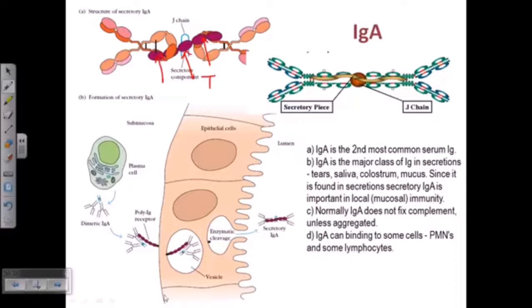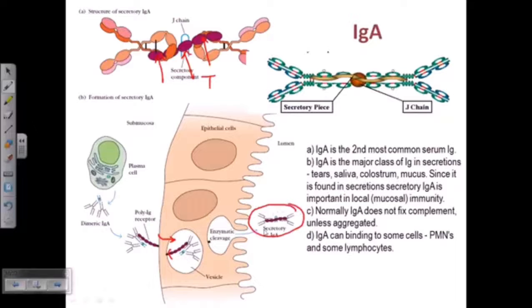Now here comes the epithelial cell. Onto the surface of it we have the poly Ig receptors. Onto this poly Ig receptor, the dimeric IgA starts to bind. As this dimeric IgA binds to this poly Ig receptor, it will be internalized by the receptor-mediated endocytosis process. Then enzymes will be released, and it will be cleaved, and the whole system along with these two IgA molecules, the J chain, as well as the poly Ig receptor, will come out, and they form a dimer structure, like that.